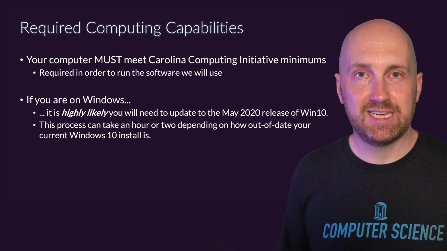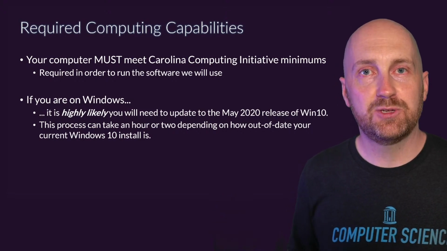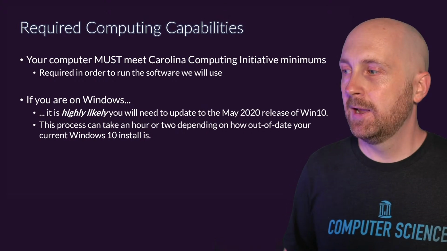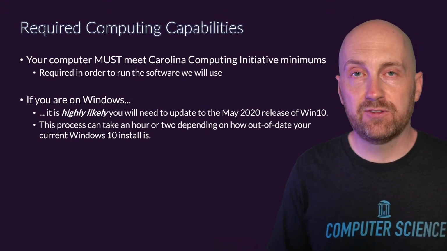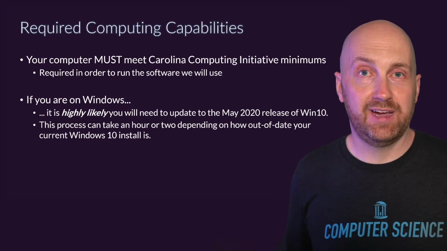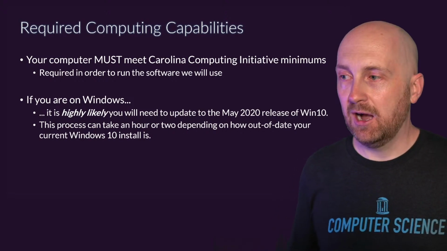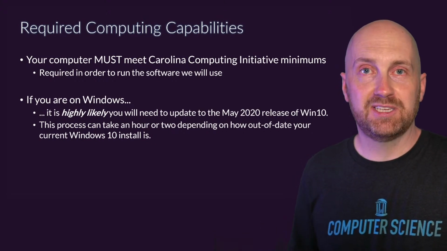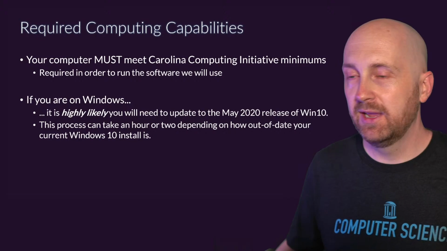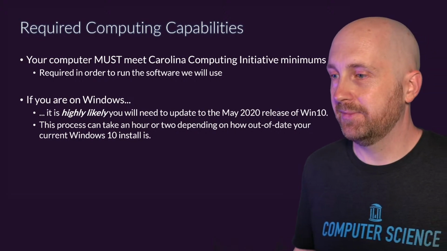And that's WSL2, which is Windows Subsystem for Linux. It's highly likely you're going to need to update Windows to this. And in the getting started instructions, we've got the step-by-step on how to do it. And the main homework for tonight is going to be updating your operating system and trying to get the software installed. And I'll talk a little bit more about that shortly.